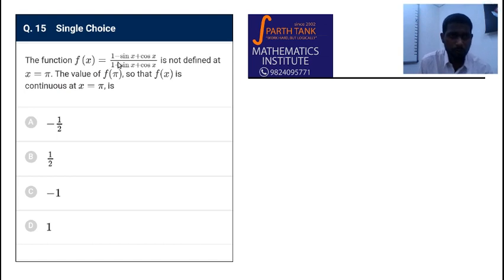The function f of x, which is 1 minus sin x plus cos x by 1 plus sin x plus cos x, is not defined at x is equal to pi. The value of f of pi so that f of x is continuous at x is equal to pi is, if it has to be continuous, then the limit of this function as x tends to pi should be equal to f of pi, right? So let us find the limit as x tends to pi of that function.